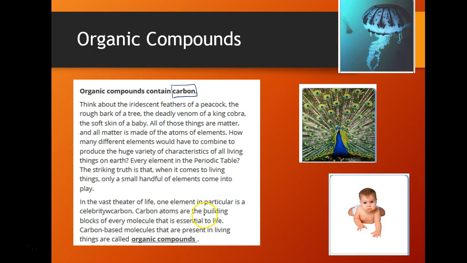Carbon atoms really are the building blocks of every molecule that is essential to living organisms. Carbon-based molecules that are present in living things are what we call organic compounds. Okay, so again, 2 things about organic compounds: they contain carbon, and they are essential for life.